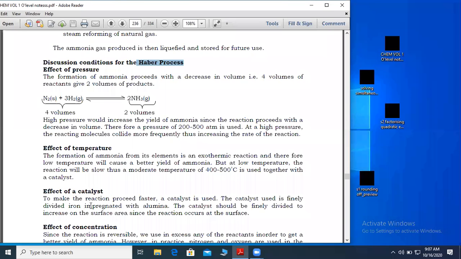Part 2 of the questions was: state the conditions under which ammonia gas is produced by the process in A1 above. Maybe let me first say this. There are some of you who are not writing the questions. When I give assignment, you just write the answers and send to me.